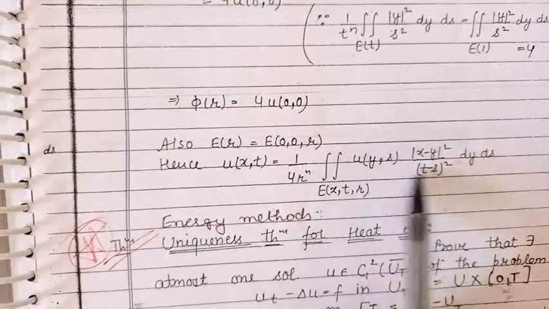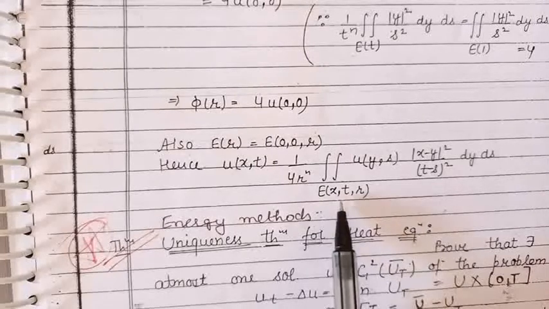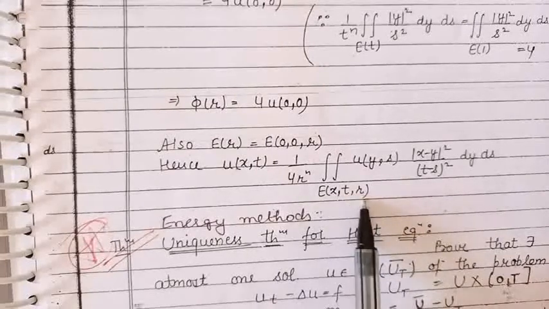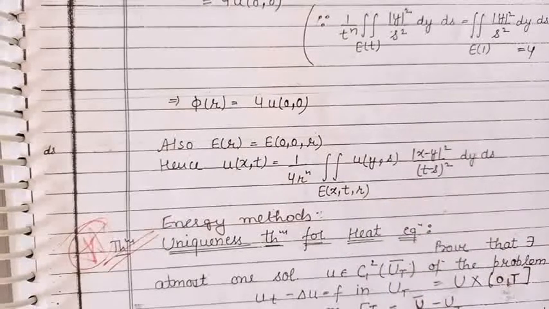This double integral is over the heat ball E, which is a function of x, t and r. So this completes the mean value property for the heat equation, and this also completes your second section, and tomorrow we will start section 3.